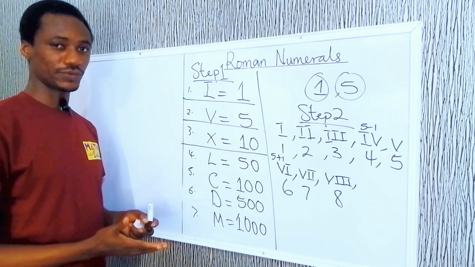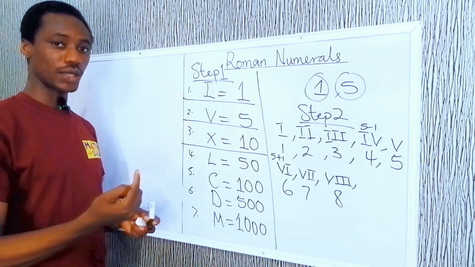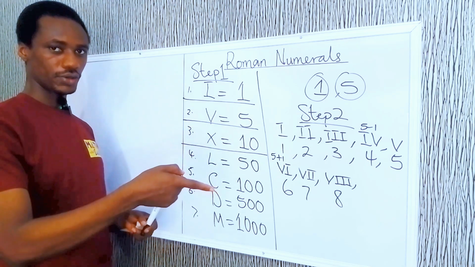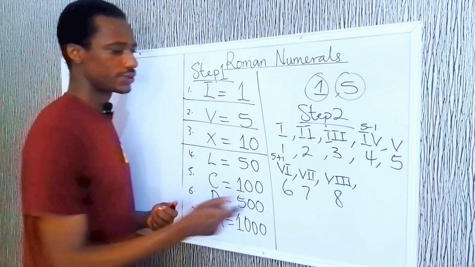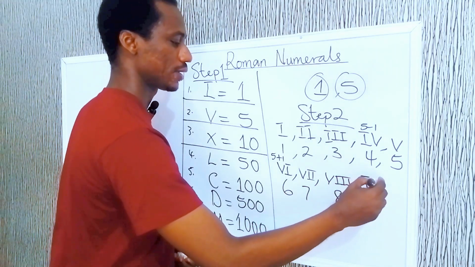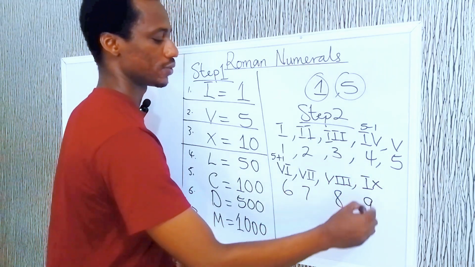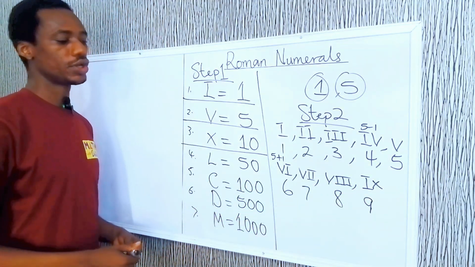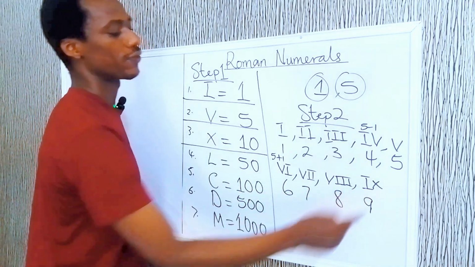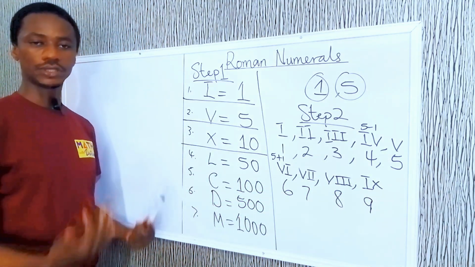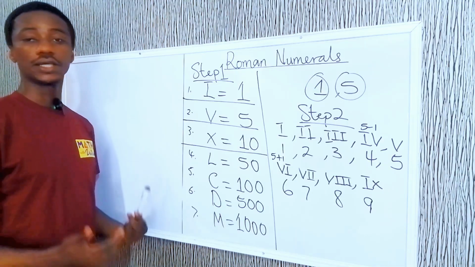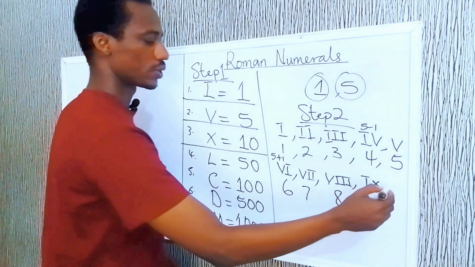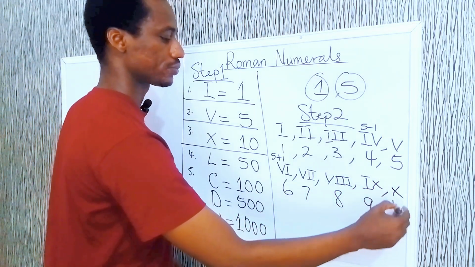From what I've explained so far, you put the 1 before the 10, right? Fantastic, you got it. So that would be IX. Having this smaller one before the bigger one means we're going to subtract this from the 10. So that would be 10 minus 1, which is 9. Okay, and then we'll get to 10.